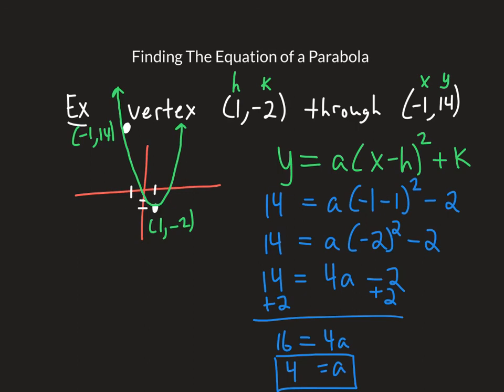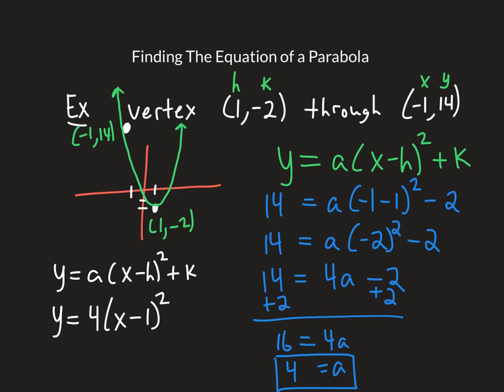So let's plug everything back in. Now remember, vertex or standard form looks like this: a times x minus h squared plus k. So our equation will be y equals the a value we just found, which is 4, times x minus the x coordinate of the vertex squared, and then plus the y coordinate of the vertex.